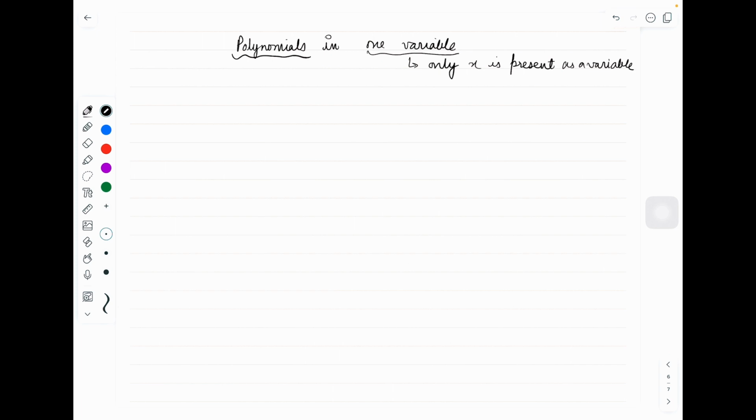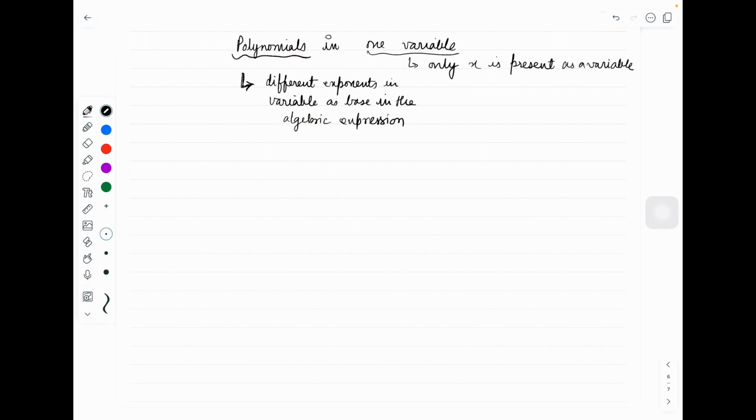And polynomial means what? Polynomial means different exponents of the variable as base in the algebraic expression.